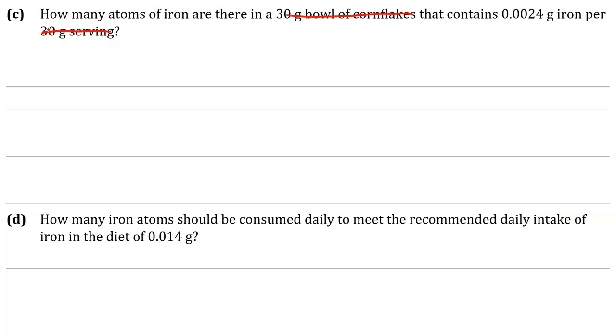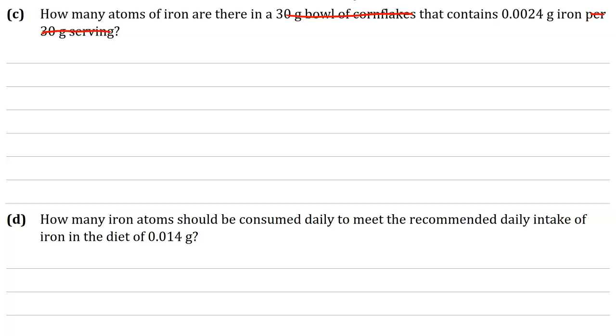That's just talking about what a human would take in the 30-gram bowl of cornflakes. So if you read the question without that in it, it would say how many atoms of iron are there in 0.0024 grams of iron, and that's it. The rest of it is just there to make it a little bit more confusing and to see can you figure out what you're meant to be doing.